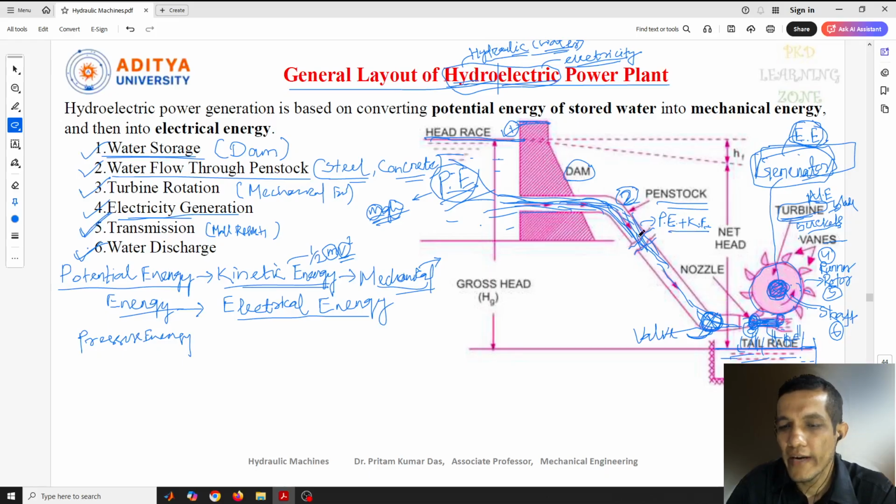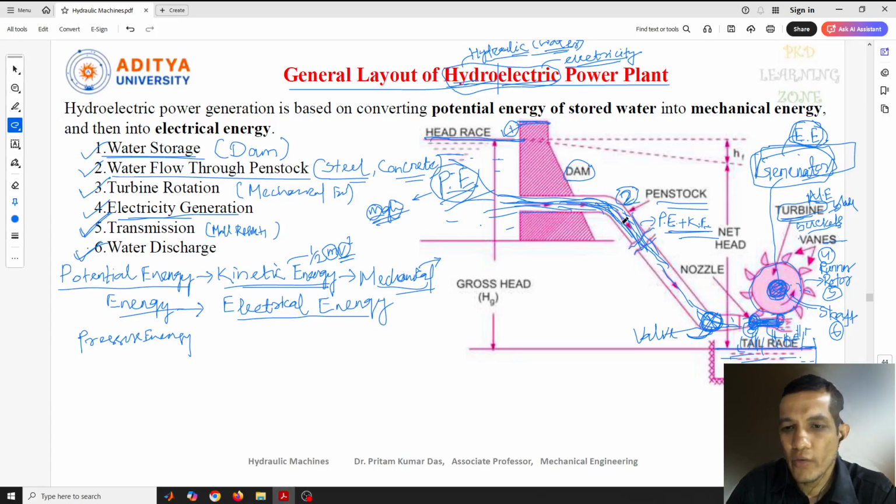But when it comes out from the nozzle, this pressure energy is also converted to kinetic energy because it is traveling into the atmosphere, so atmospheric pressure is here. The pressure present is also converted to kinetic energy, and the water strikes this plate with high kinetic energy.